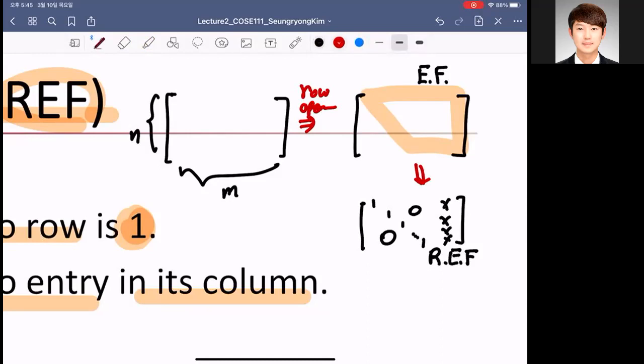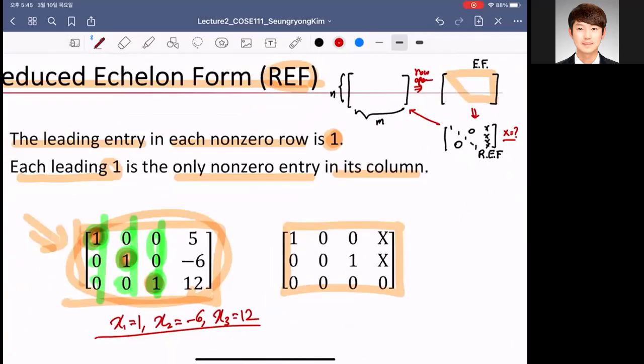Then we can directly read off the solution from this REF form. In other words, the solution of this REF form is going to be the solution of the original system, right? That's what I want to do in this section.